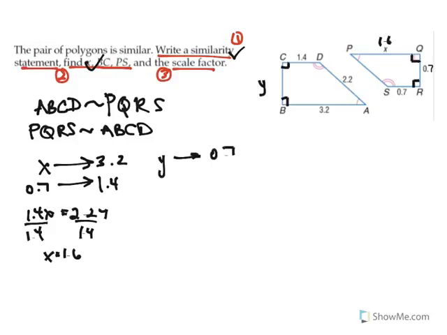And now let's use CD, which is the line between the right angle and the angle for 2. That is 1.4, and it corresponds to 0.7.